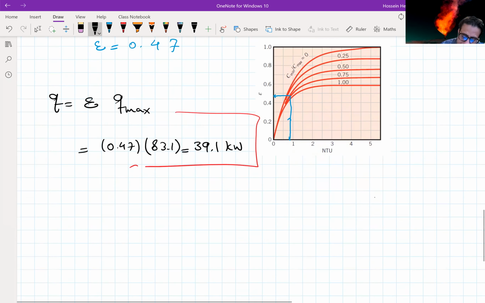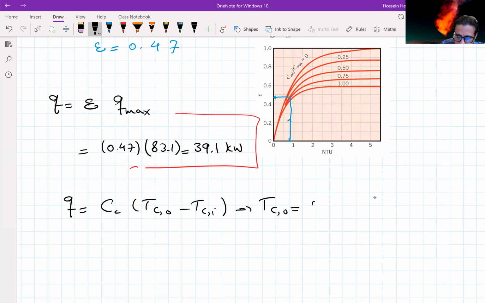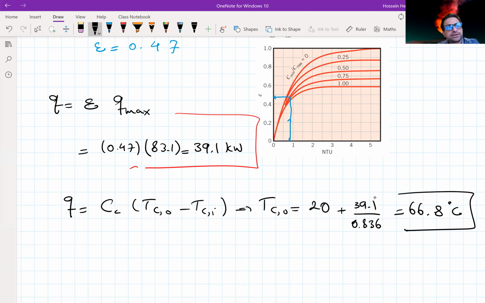By having that one, I can simply use the energy balance for the hot and cold stream and find out the outlet temperatures. So Q is CC times TCo minus TCi. From here, TCo is going to be 20 plus 39.1 divided by 0.836, so it's going to be 66.8 degrees C. That's going to be the outlet temperature for the cold stream, the water.